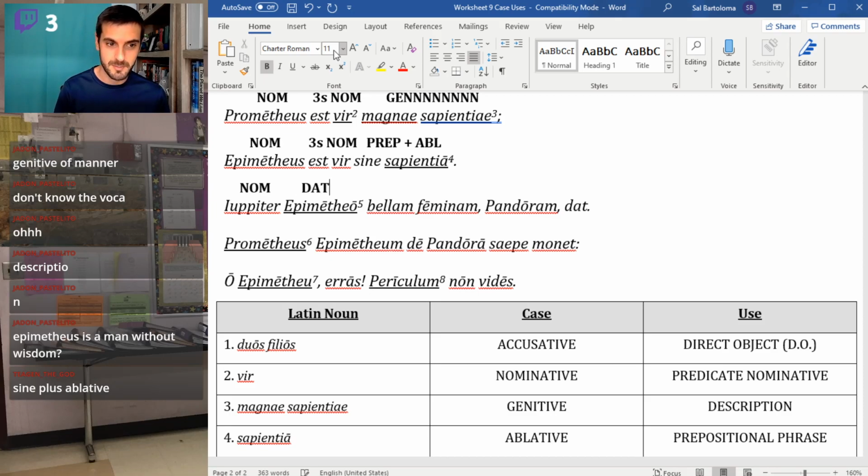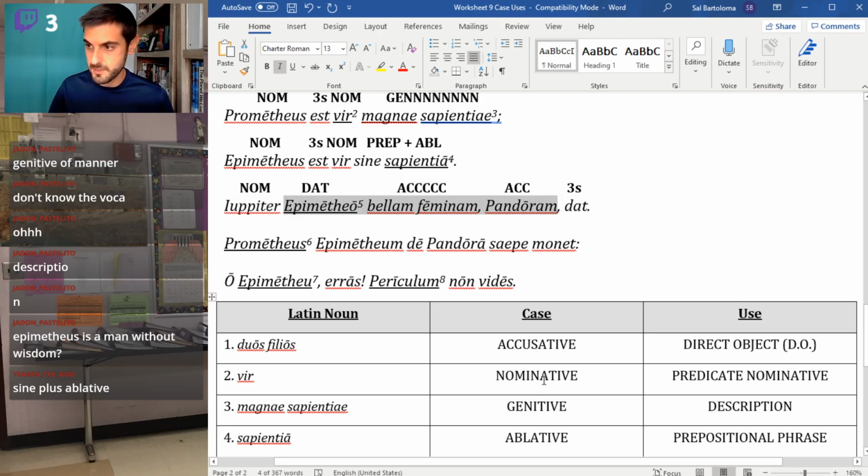And that's not by accident. So Epimetheo is in the dative. Bellam feminam Pandoram is in the accusative. And then we have our verb, which is third person singular, at the end. So whenever we translate, subject first, then the verb, then you can grab everything else in the middle.